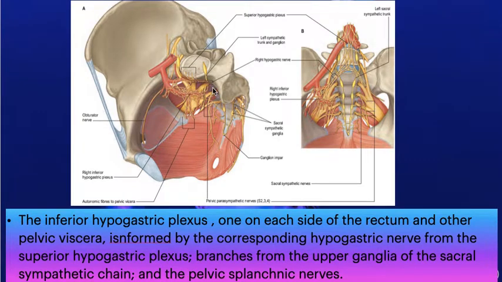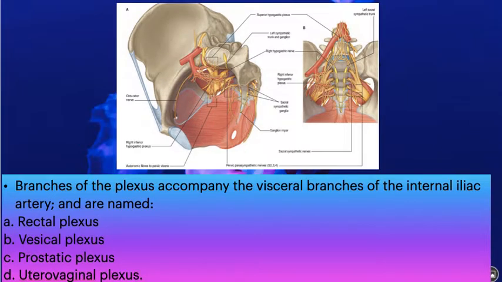The inferior hypogastric plexus, this is the inferior hypogastric plexus, one on each side of the rectum, right? This is the inferior hypogastric plexus, and other pelvic viscera, formed by the corresponding hypogastric nerve from the superior hypogastric plexus, branches from the upper ganglia of the sacral sympathetic chain and the pelvic splanchnic nerves.